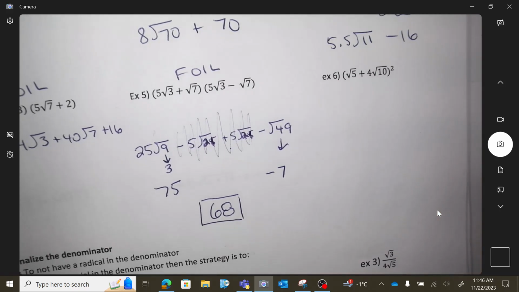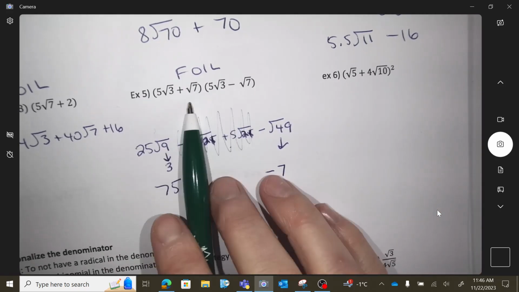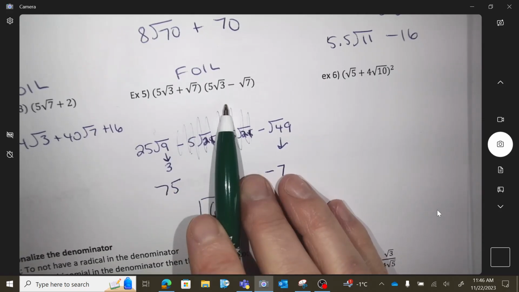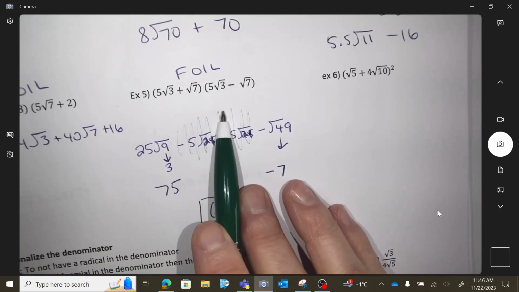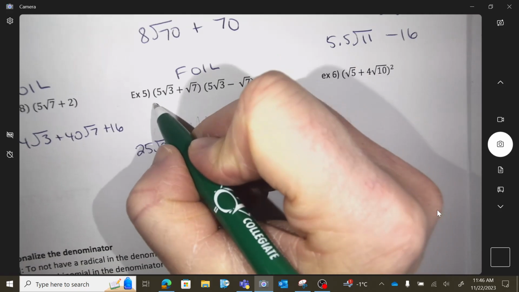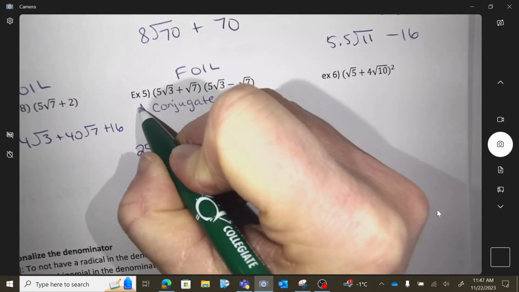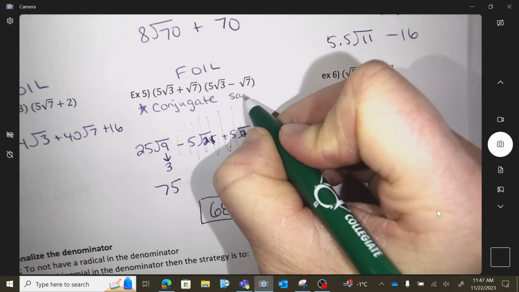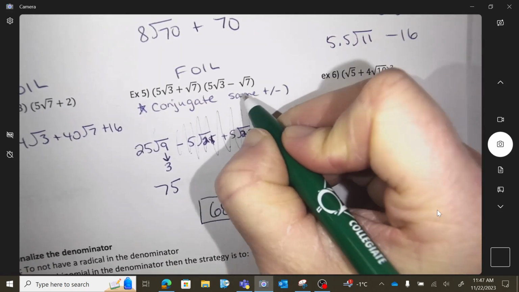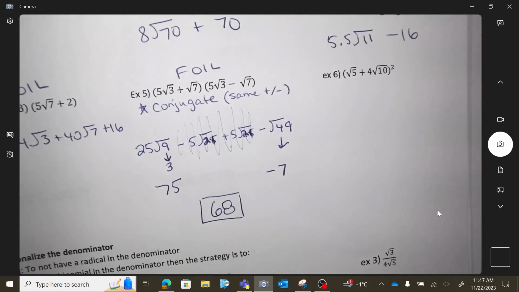Okay, so this is a special thing. We're going to learn more of it. But this is kind of the same idea as doing a difference of squares, kind of, when you have a plus and a minus. And there's a word called conjugate. So what's kind of the definition of a conjugate?